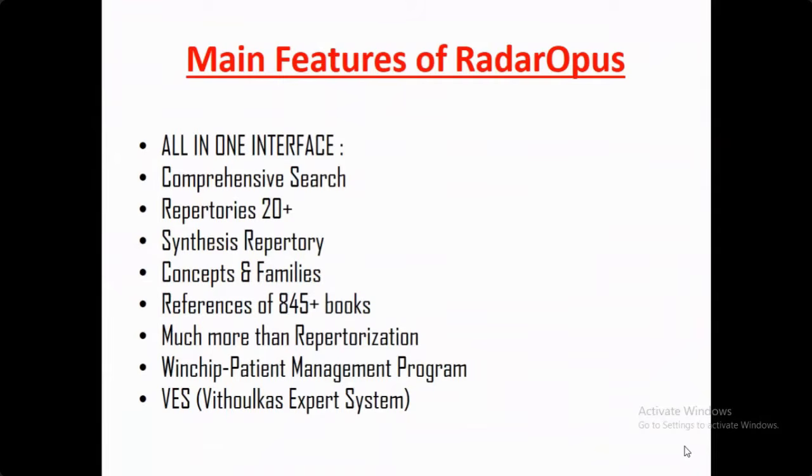RadarOpus at the moment is dealing with more than 800 books, volumes and references, so it is a very rich section of references. Its repertorization is amazingly easy. You'll be getting the WinChip patient management in RadarOpus. It also has the latest Vithoulkas expert system.